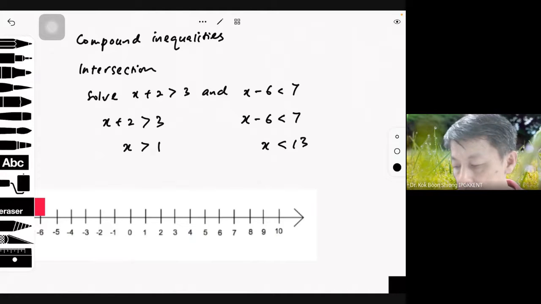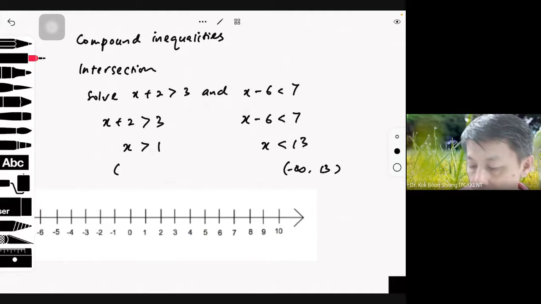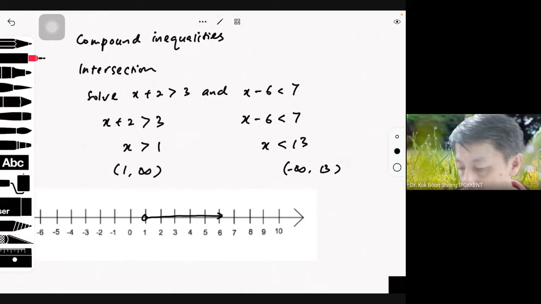This is negative infinity and 13. This one is 1 and infinity. So the line will go from 1 to this side. Another one is from 13, maybe somewhere here, 13. So this is going this side.